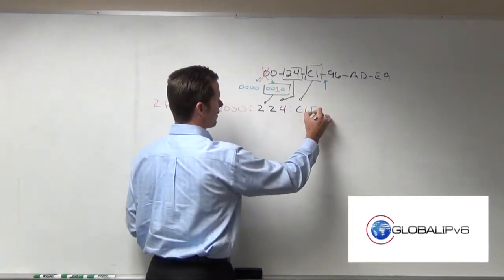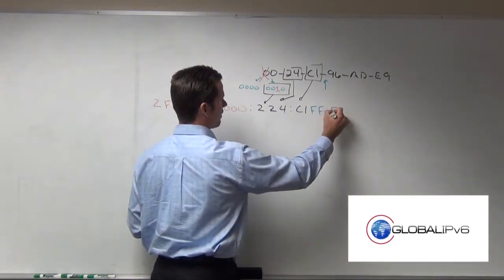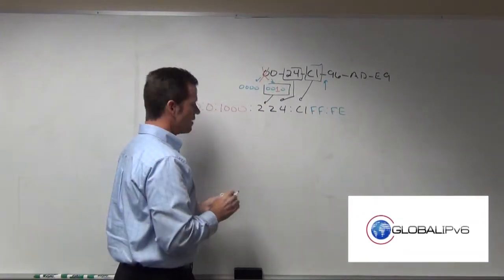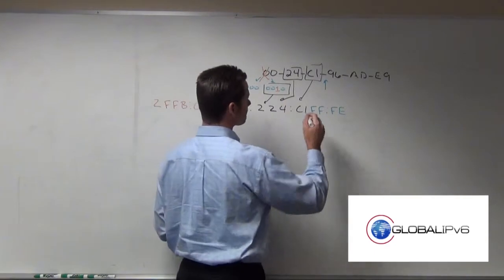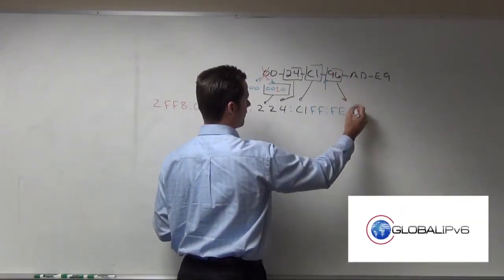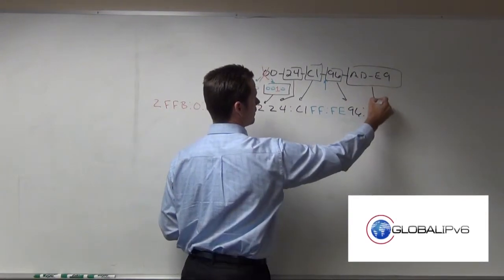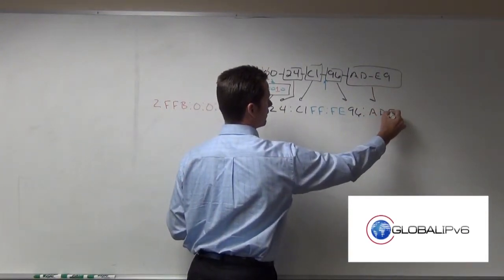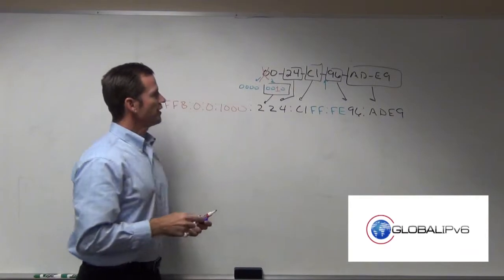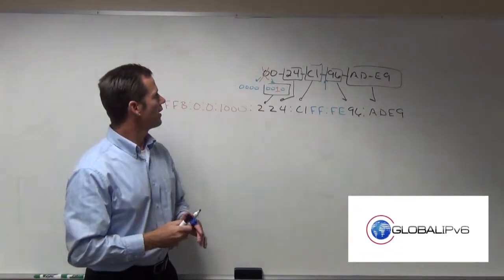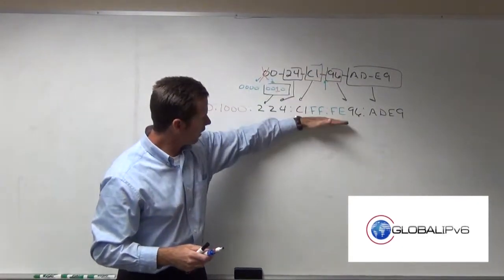So we pad right here with FF:FE, and then we continue on with the rest, so the end result would be your MAC address copied down.